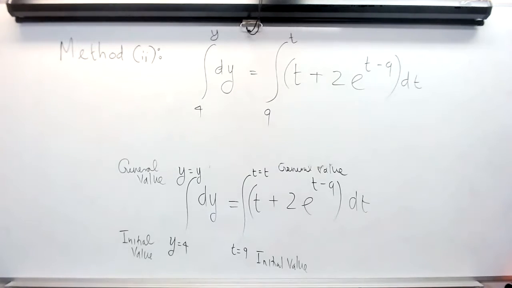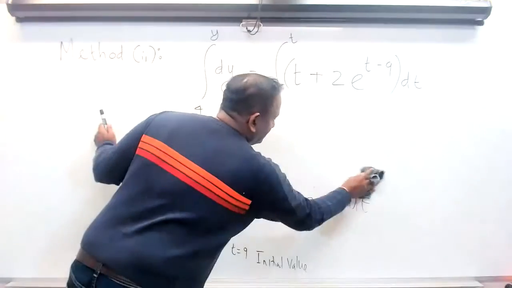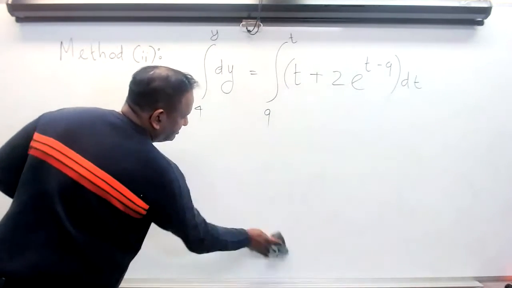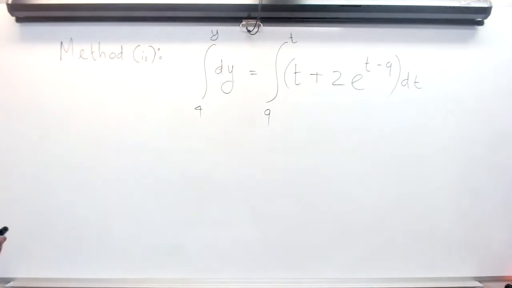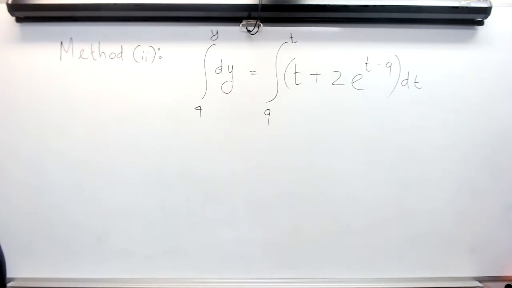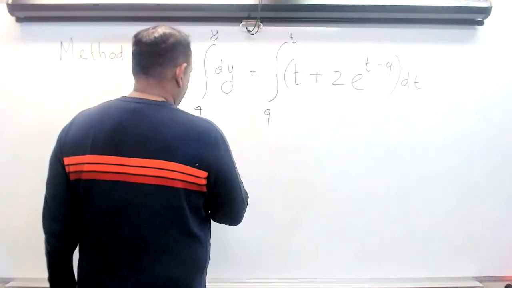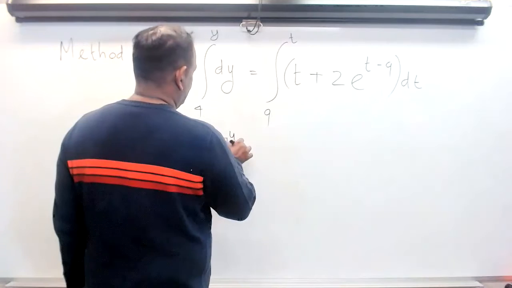Okay, so this one. I converted this to a definite integral by including all the upper bounds and lower bounds for t as well as for y. So when you integrate this side, you get y, then you have to put the lower bound and upper bound.